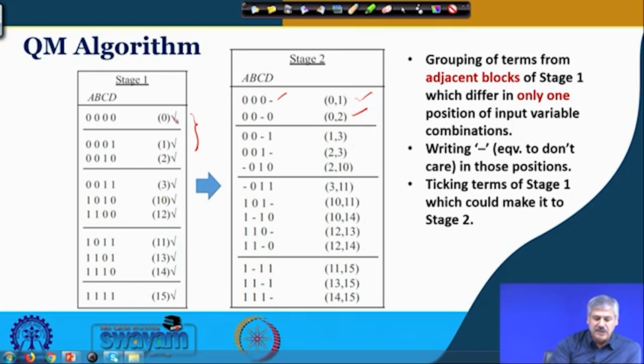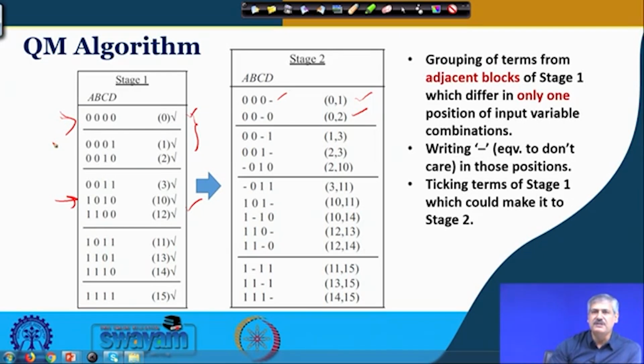Now, can this first block be combined with block 3? For this particular consideration, that is only one position will be changing, we cannot, because we know in the first block there was no 1, and in this particular block 2 ones are there. So, they are differing at least by 2 positions, is it not?